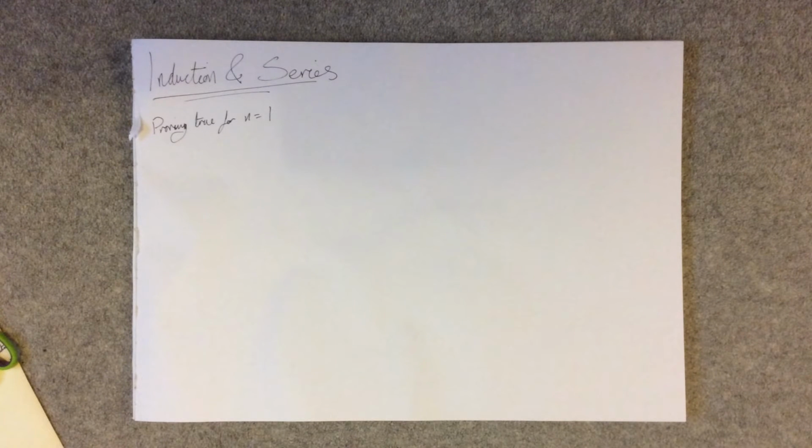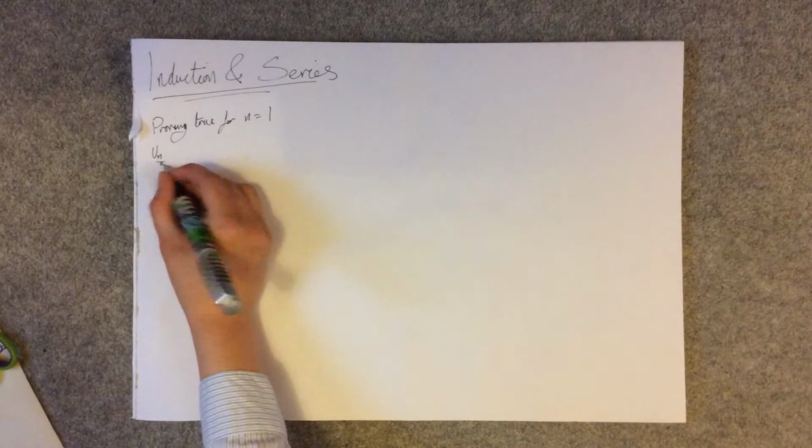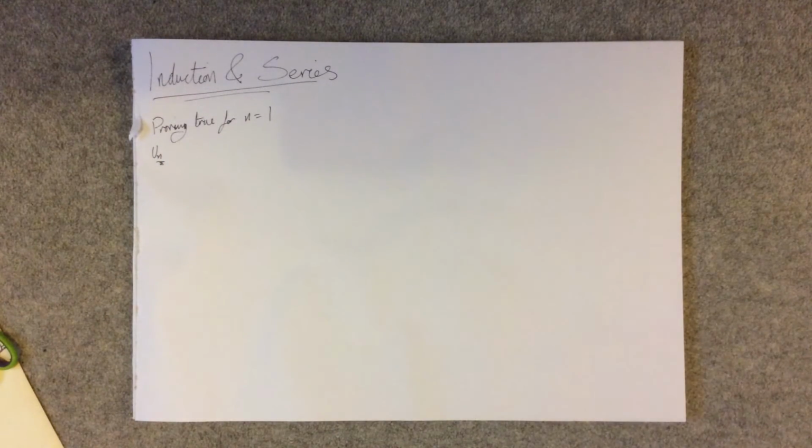This is fairly basic. You're usually given an equation and what the answer is when n equals 1. So for a series where each term is un, you are given the value of the equation when n equals 1. To prove that it's true, you simply have to sub it into your second equation and see if it gets the right answer.